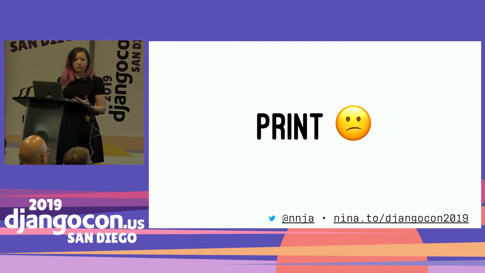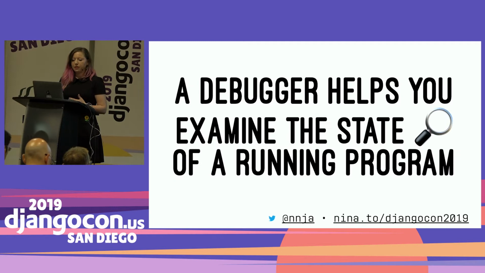When you're fighting your tools, when you're using print to get state about your program, it's just going to take you a lot more time, because a debugger helps you examine the state of a running program. With a debugger, you're using a tool that's made for the job.